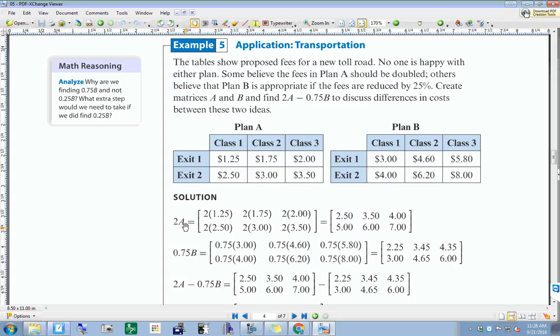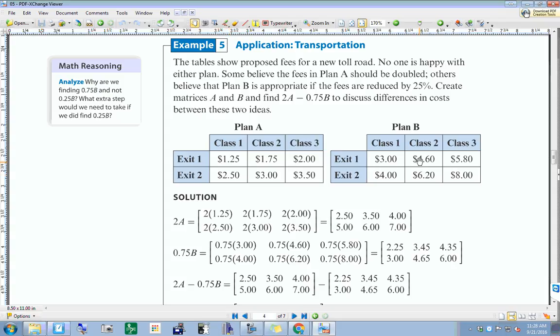So if I'm supposed to double everything that's in here, does that mean I take 2 times this, 2 times this, 2 times this, 2 times that, 2 times that, 2 times that? That would double everything in there, wouldn't it? That's exactly what you've got to do.